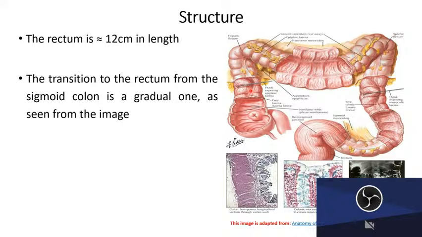The ascending colon, the transverse colon, the descending colon, the sigmoid colon, ending at the level of the third sacral vertebra, and beyond which commences the rectum, at that same level where the sigmoid colon ends.